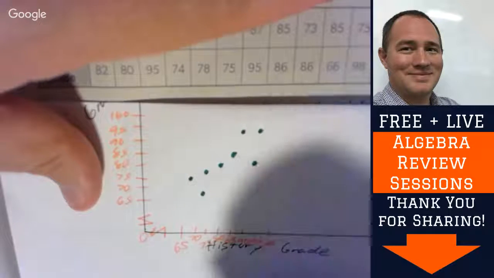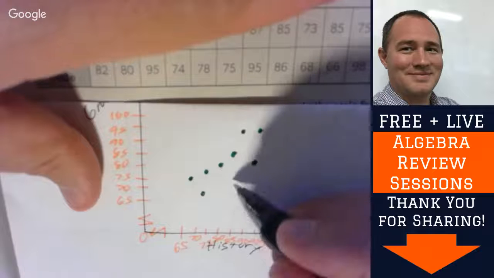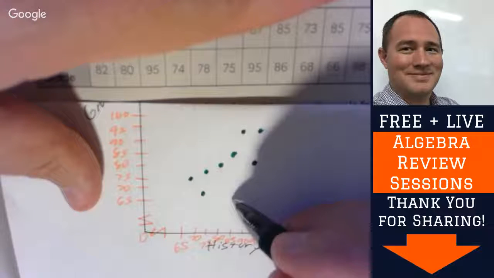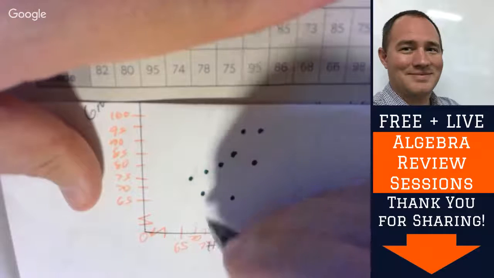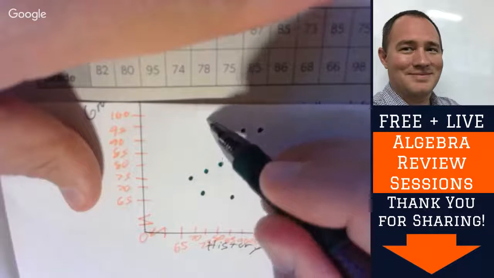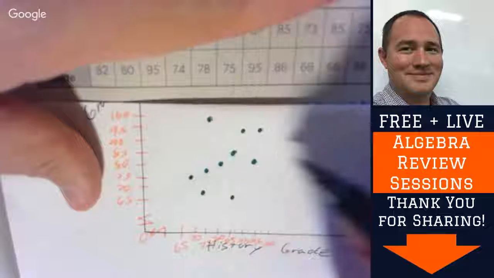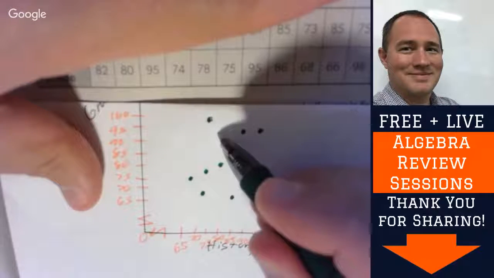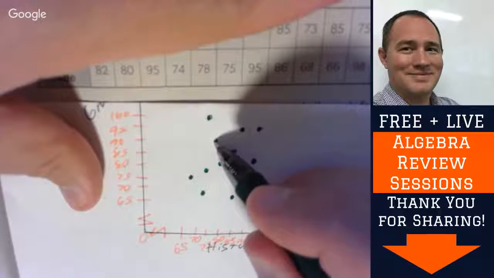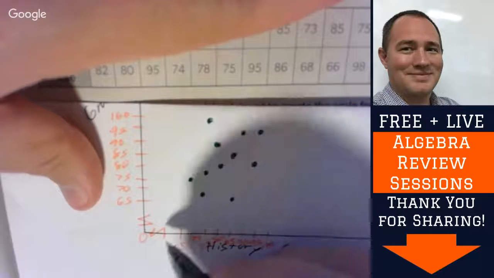Next we have 85 and 66, 75 and 98, 78 and 90, 70 and 95.